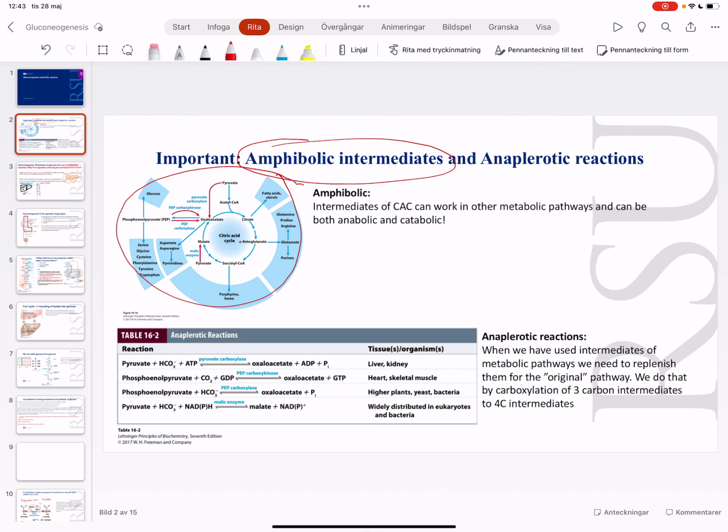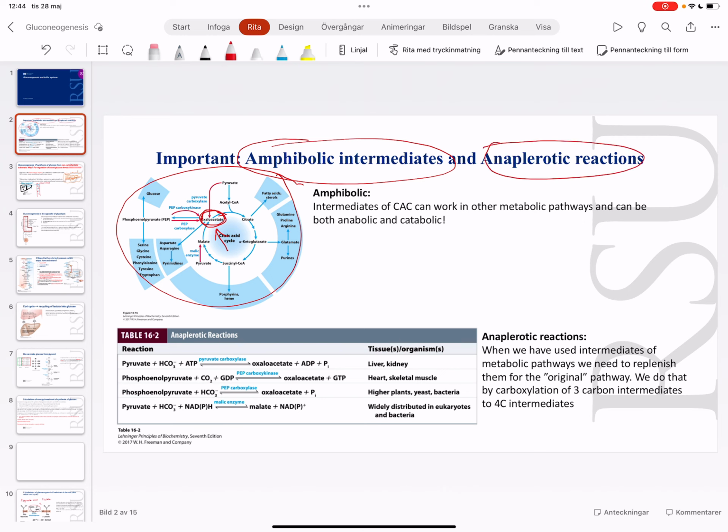If we use one of these, for example oxaloacetate, from the citric acid cycle, then we have to do another reaction that produces oxaloacetate, so that oxaloacetate can exist again for the citric acid cycle. Such reactions we call anaplerotic reactions.